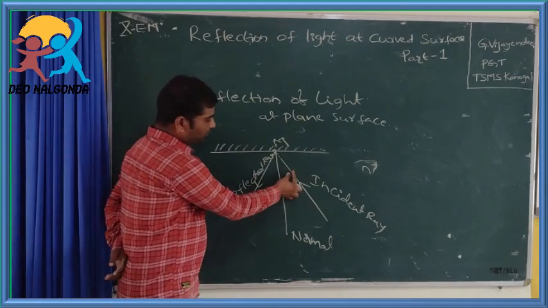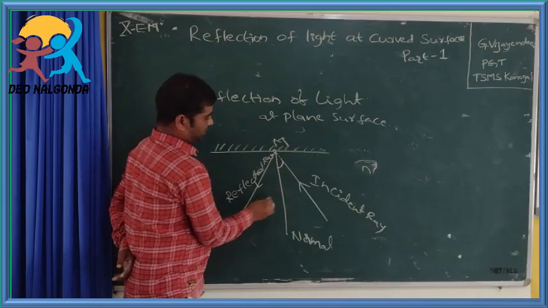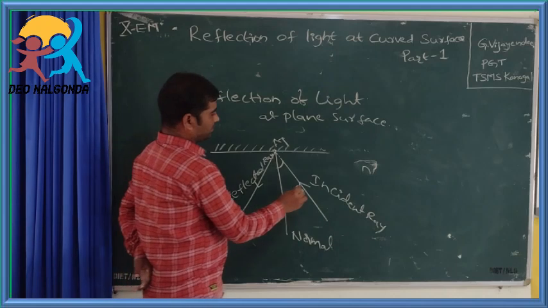Here, the angle between the incident ray and the normal is called the angle of incidence.